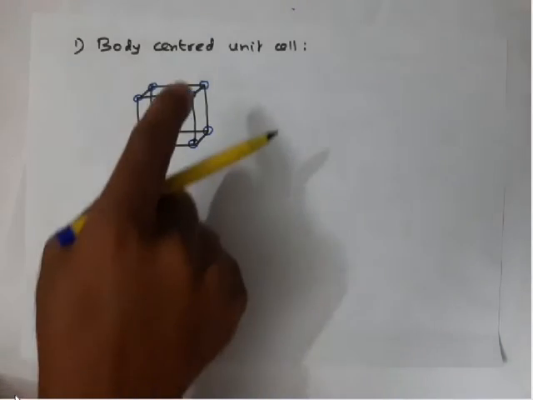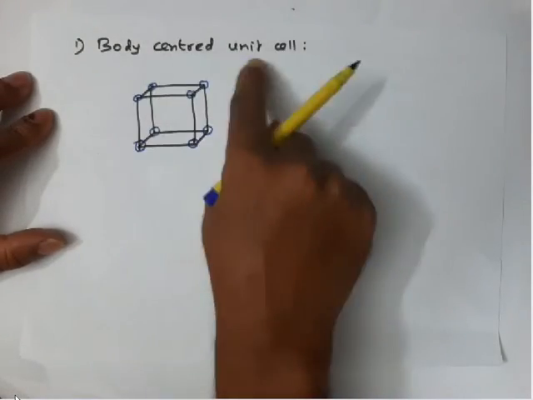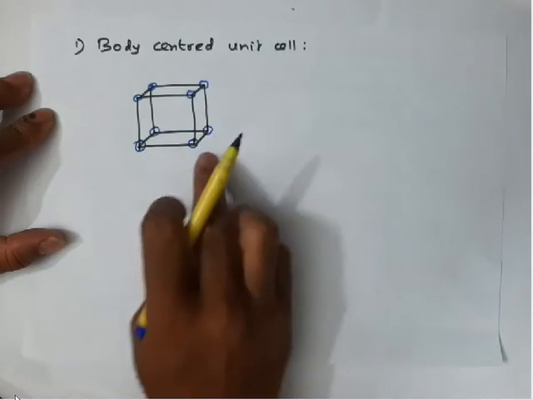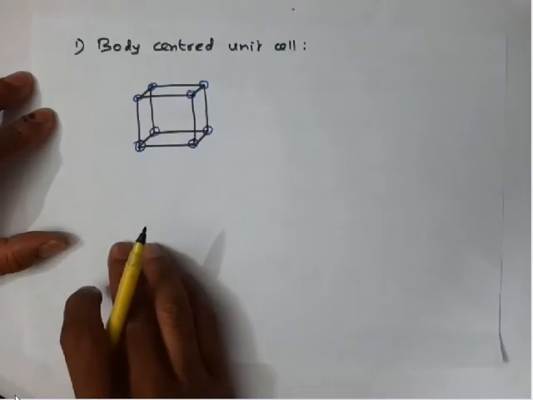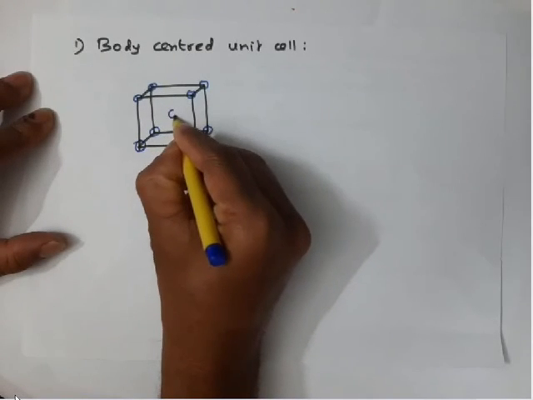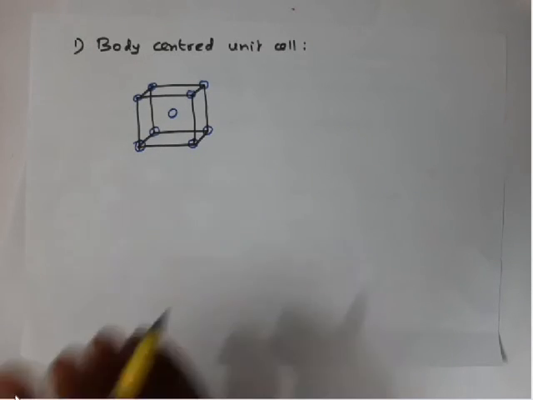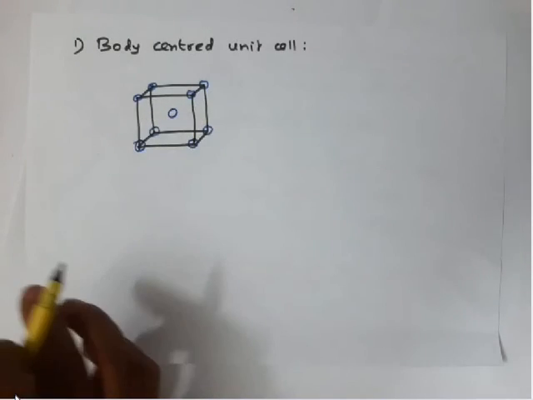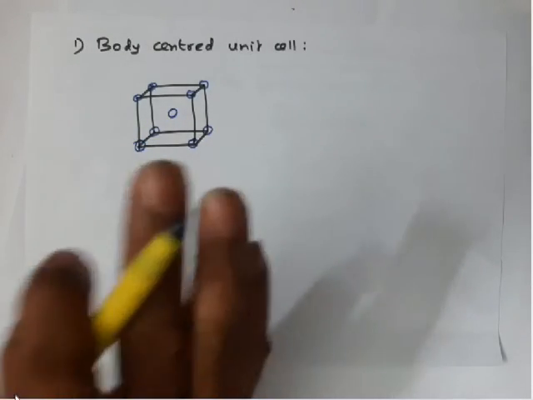But now we started to discuss non-primitive unit cells. In body-centered unit cell, apart from these 8 corner particles, we have one particle at the middle of the cube. If one particle is present at the middle of the cube along with the 8 corners, we call this type of unit cell a body-centered unit cell.